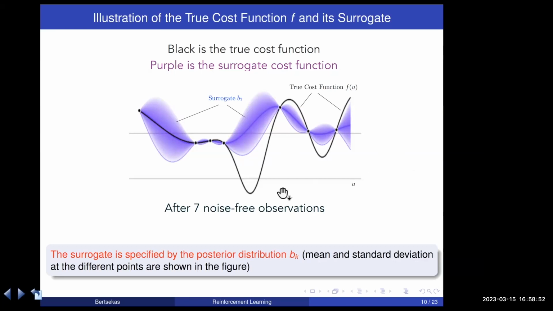Where would you look? Well, you might want to look around here, where the purple function has low value. Or you may want to look somewhere where there's a lot of potential, perhaps, for decreasing the value of the function. That's roughly speaking the exploration trade-off. So we're going to come back to this figure.